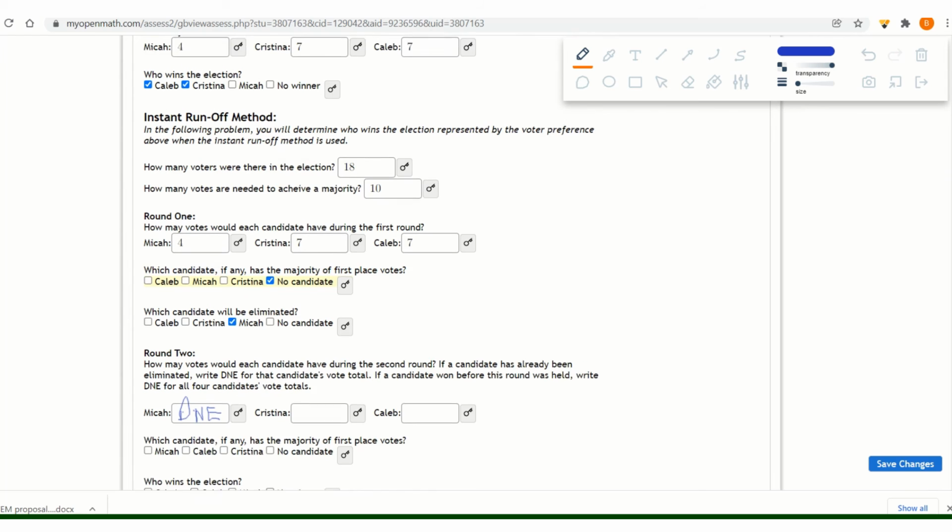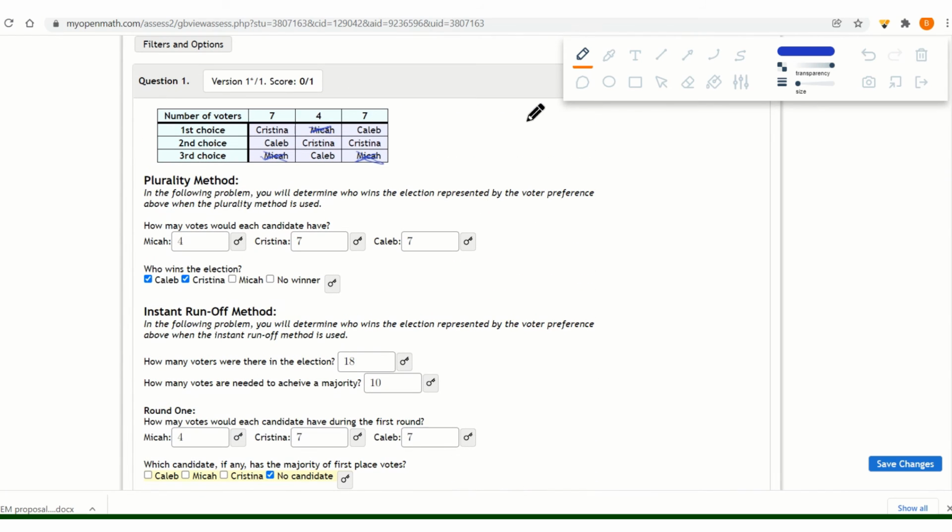Now I'm going to go back up to the chart for a minute, and we crossed out Micah. Christina is getting these 7 votes, and I apologize, she's barking again. But Micah has been eliminated, so the next one in line, these 4 people, are going to vote for Christina. So Christina gets these 7 and these 4, that's 11 votes for Christina.